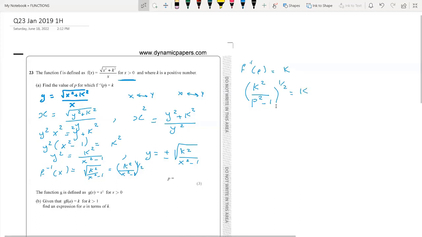Now I will solve for p. He wants to find the value of p.